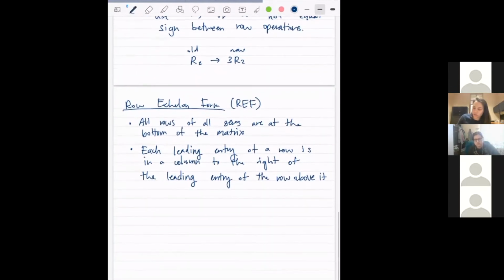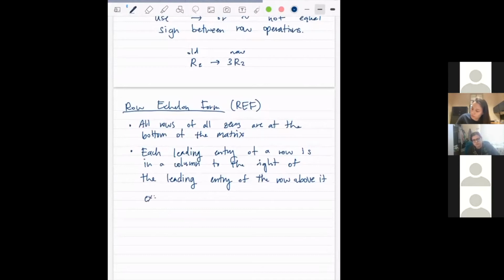Right. So just to give a quick example, in this matrix here, we have the first leading entry occurs here. In the second row, the leading entry is here.